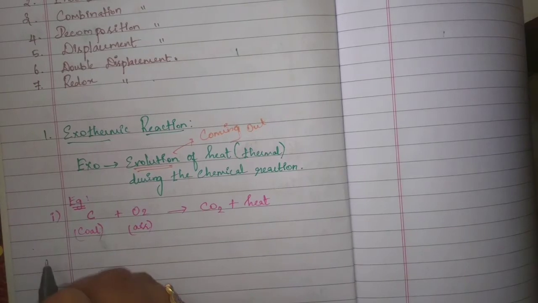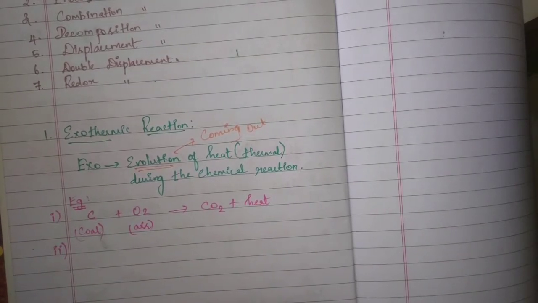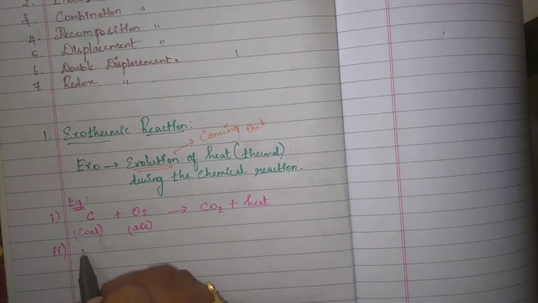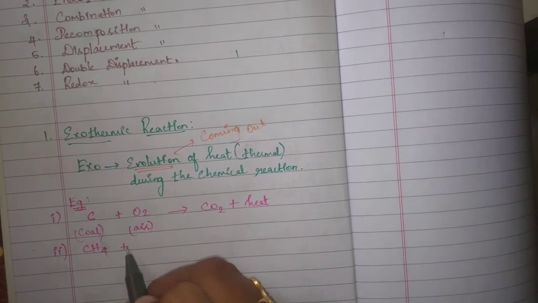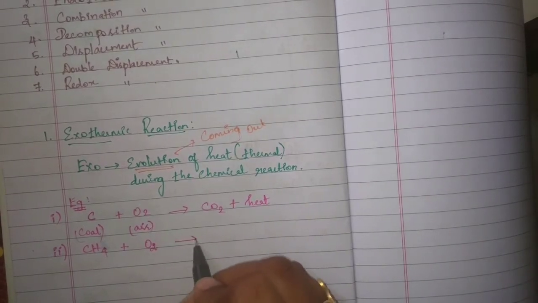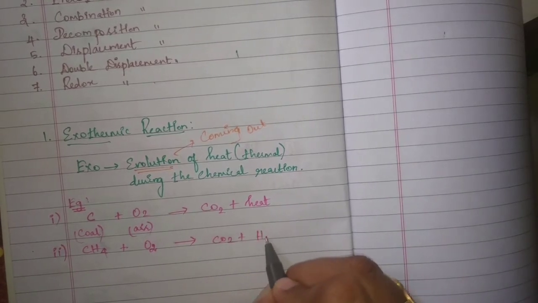Many examples are there, students. Next reaction, burning of natural gas. CH4 plus oxygen, burning means oxygen, forms carbon dioxide plus water.